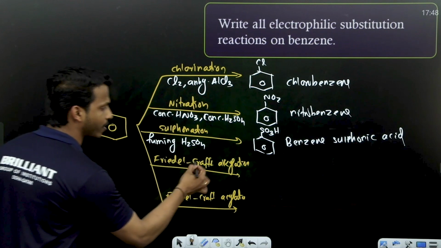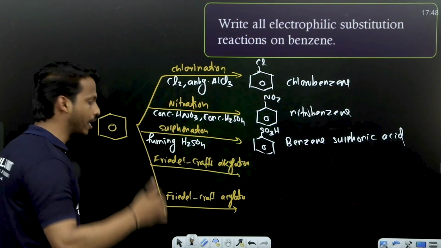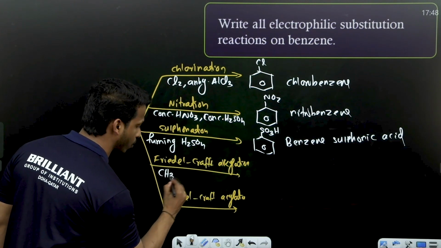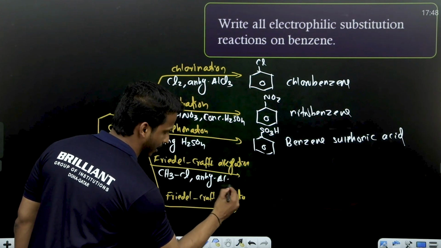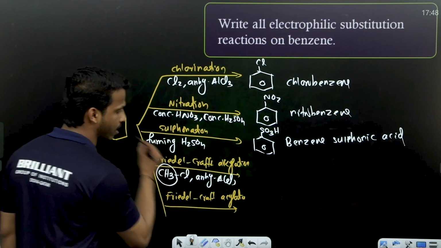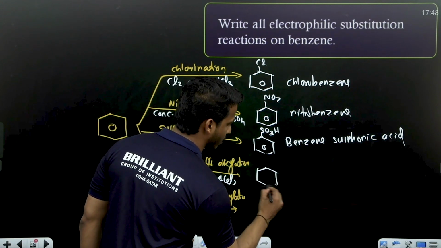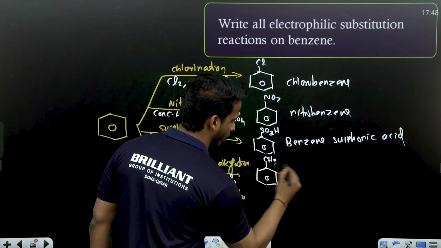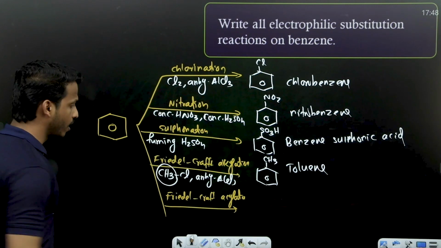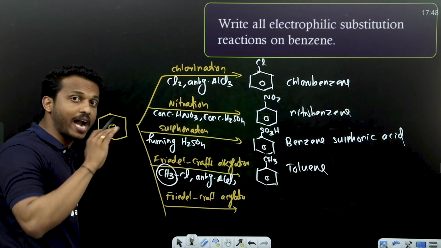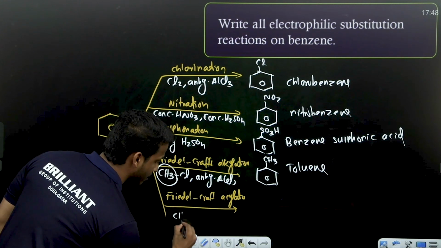What is Friedel-Crafts alkylation? Bringing in an alkyl group. For example, if you want a methyl group, add methyl chloride with anhydrous AlCl3 catalyst. So the CH3 will come to the benzene ring. Benzene with CH3 is called toluene. Last one, Friedel-Crafts acylation, adding an acyl group. What is acyl?